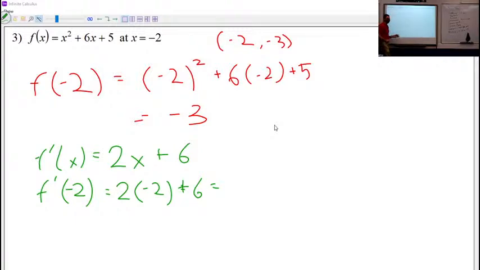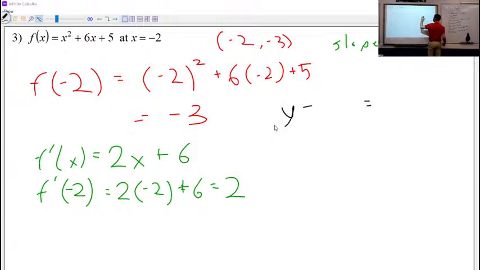Number 2 had bigger numbers, and so I didn't want to deal with it at the moment when I'm short on time here. Negative 4 plus 6 is 2. That's the slope. When I plug in negative 2, my slope turns out to be 2.